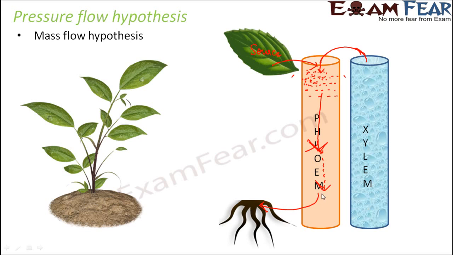Now what happens to the water? As soon as the sugar moves out, the solute concentration decreases here. When the solute concentration decreases, the water potential will increase. So again, water will move from high potential to low potential. Water moves back into the xylem. So this is water, this also moved by diffusion or osmosis.